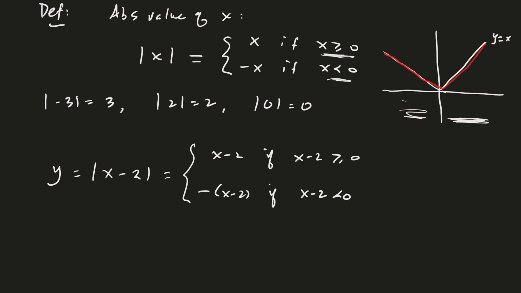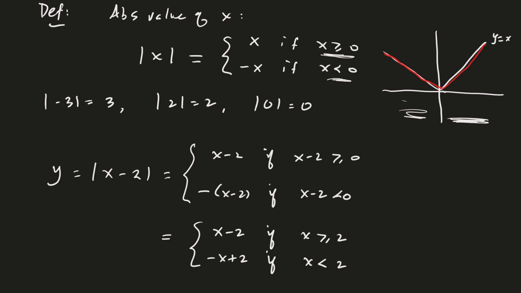So don't leave it in this form. We want to simplify that a little bit. That is, we have x minus 2 if x is greater than or equal to 2, and then we have minus x plus 2 if x is less than 2. Good.